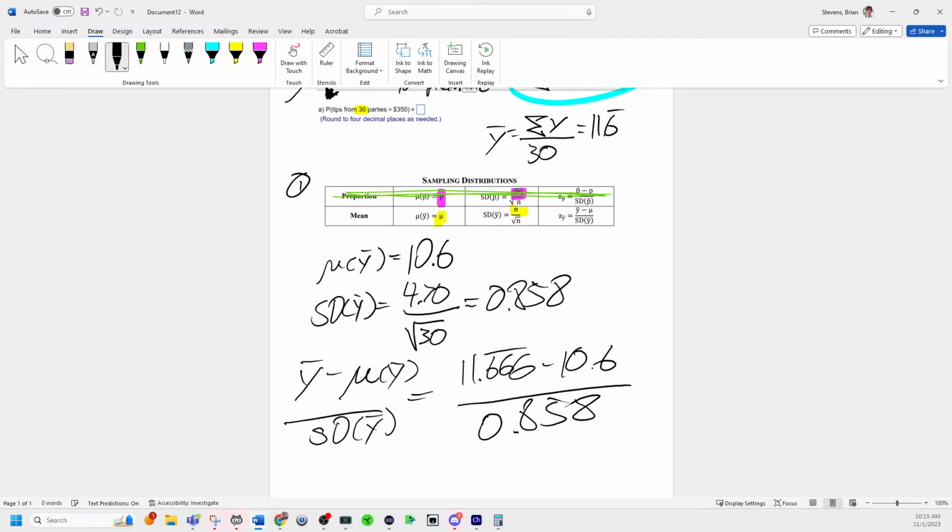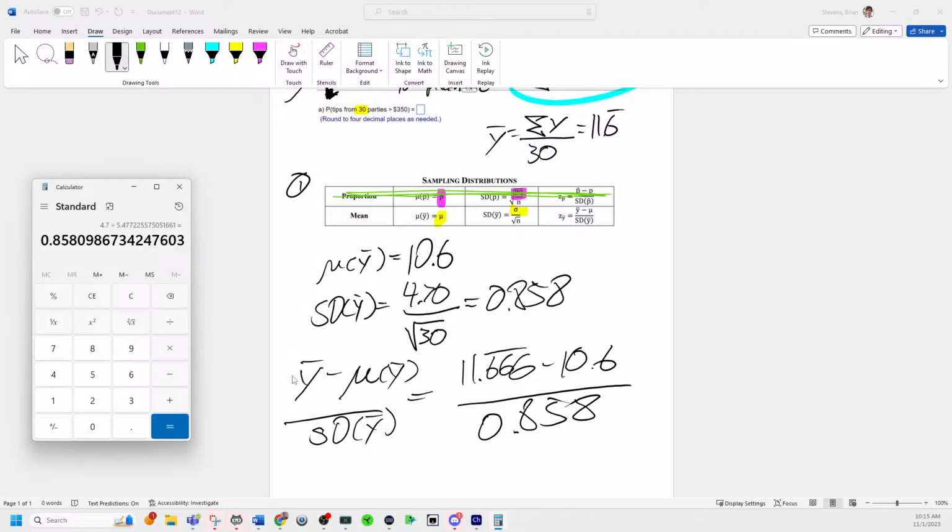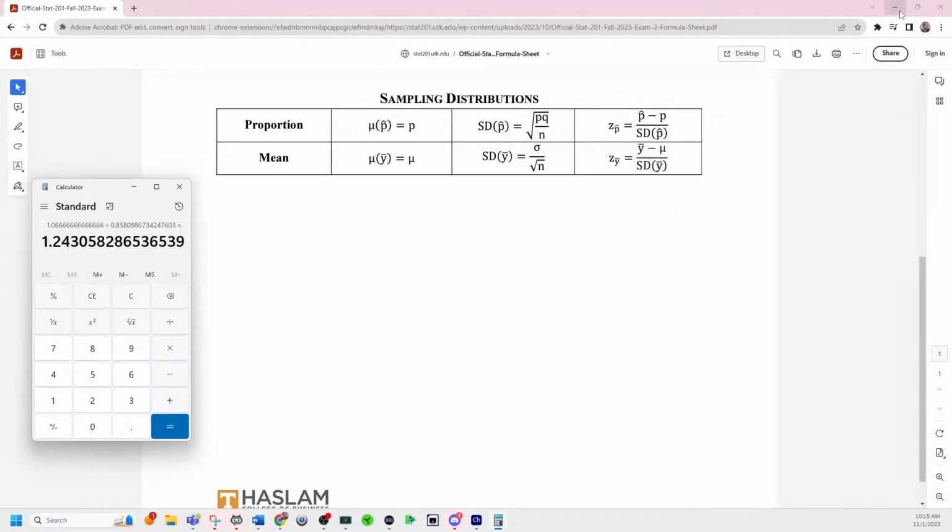Notice that 11.666 repeating minus 10.6 is basically 1, then divide by the standard deviation, and it's a little bit bigger than 1, it's 1.24.